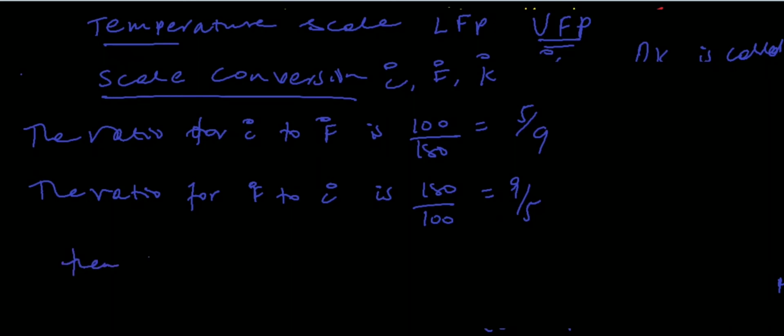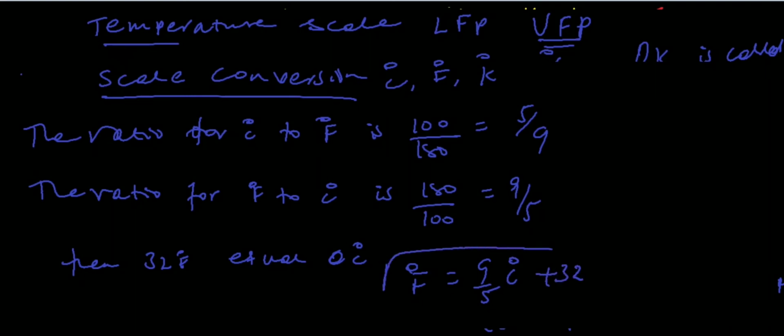Then 32 degrees Fahrenheit equals 0 degrees Celsius. So the final degree Fahrenheit is 9 over 5 degree Celsius plus 32. This is to convert degree Celsius to degree Fahrenheit.